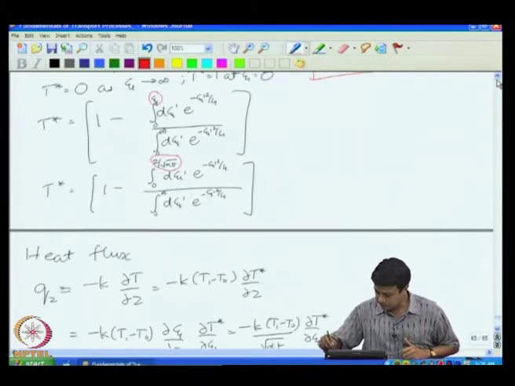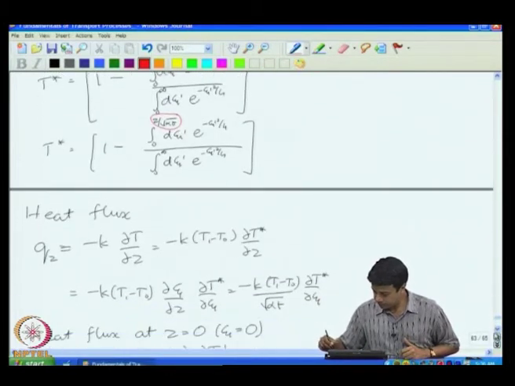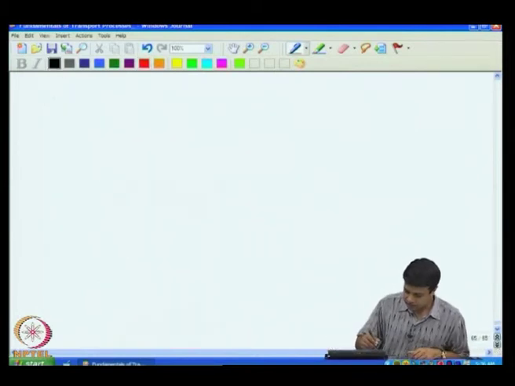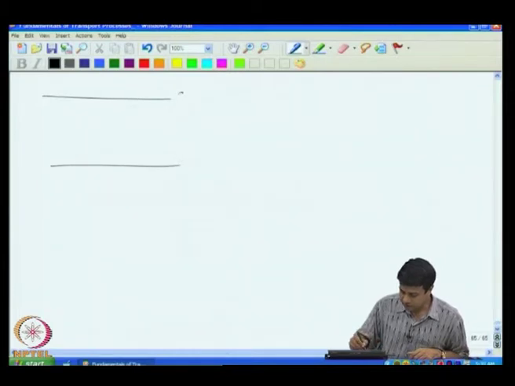So, for example, if I considered a mass diffusion problem where there was diffusion from a surface, C star is equal to 0 here and C star is equal to 1 here, and initially C star was 0 everywhere, and then I considered the problem of early times.